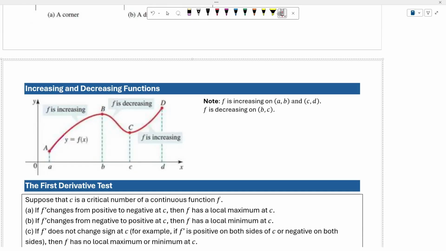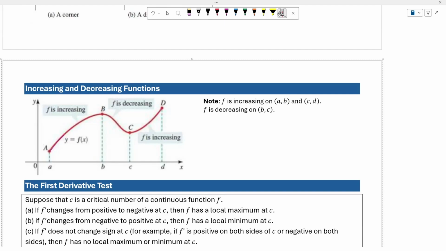Right now you will see that the reason I'm not using a square bracket in this case is that at this moment, at point b, are you increasing or are you decreasing? In this case, we don't know. I don't know, so that's why I put open right here.